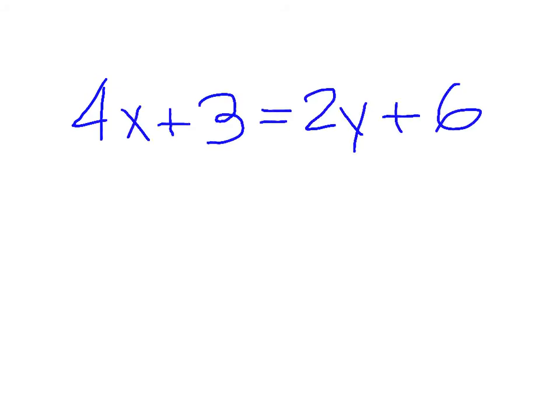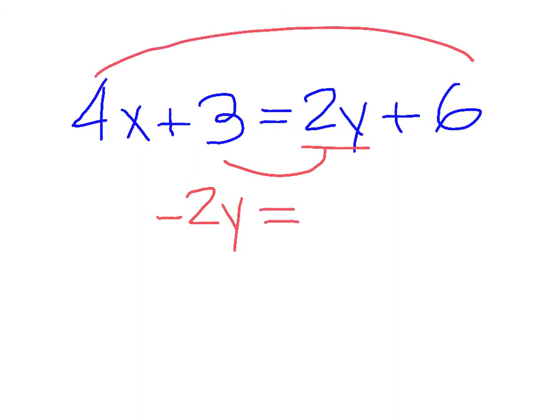You could have something like 4x plus 3 equals 2y plus 6. Well, you need your y by itself, and you want your y on the left, so why not just move it there? Change the sign. You need your x on the right, so move it there, change the sign.